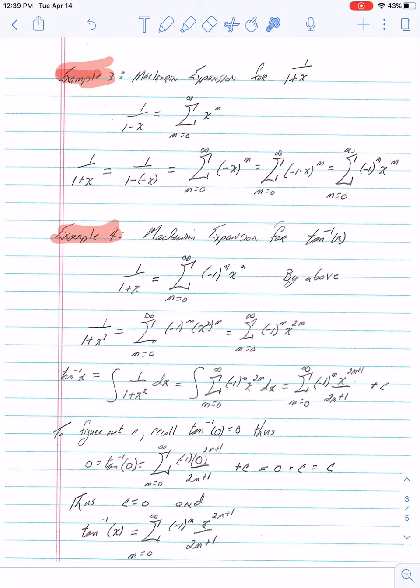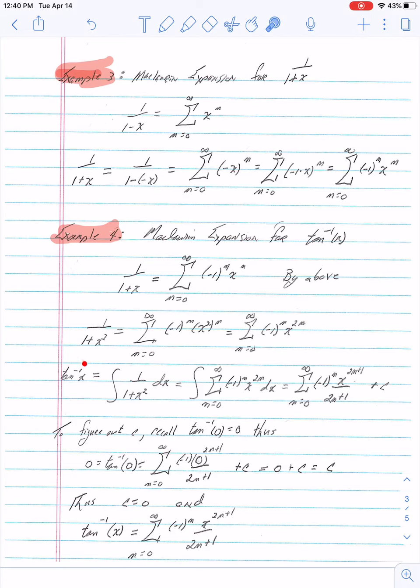Well, the answer is everywhere I see an x here, I replace it with what? X squared. So I do that: minus 1 to the n times x squared to the n, n running from 0 to infinity. And rules of exponents again, x squared all to the n is x to the 2n.